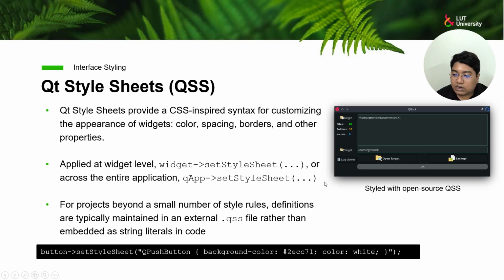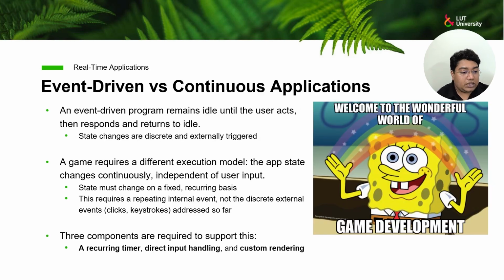This one is styling a Windows dialog box differently. So far, every application we've seen in this lecture as examples followed exactly the same pattern. The application starts, it waits, the user clicks something, the application responds, and the application then waits again.